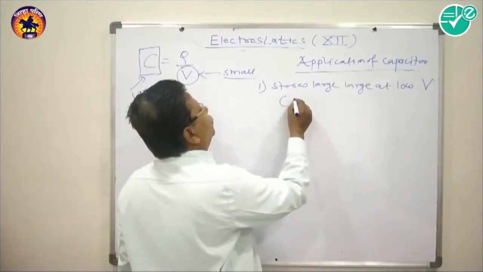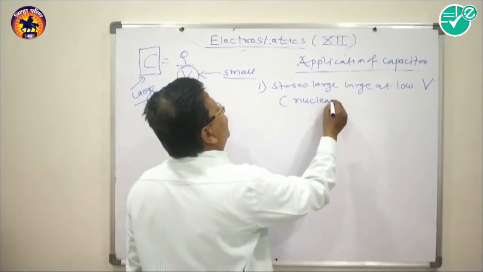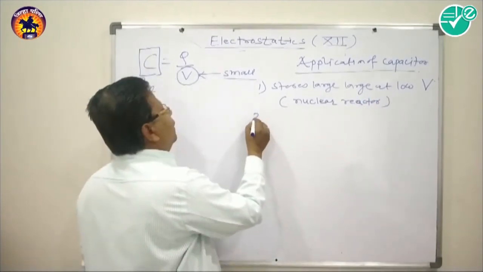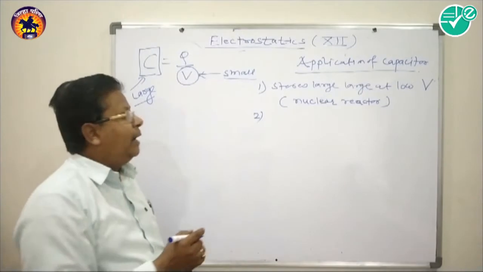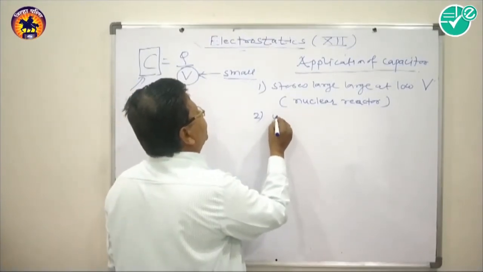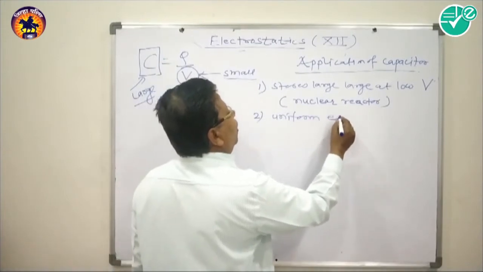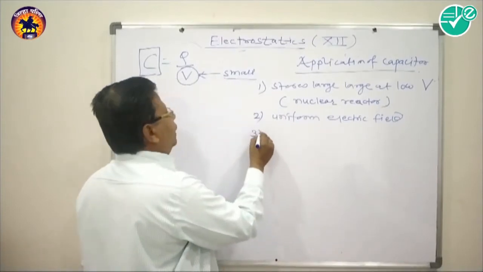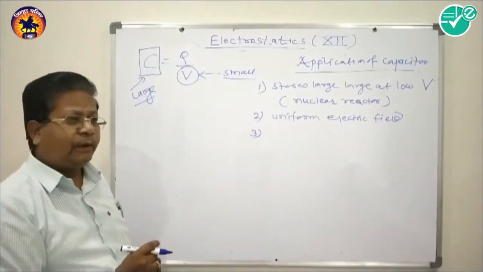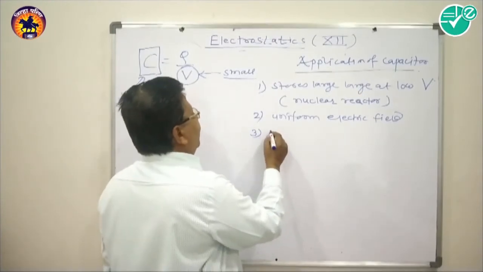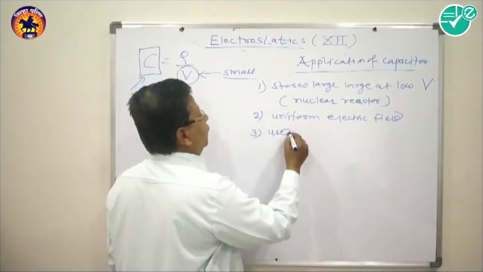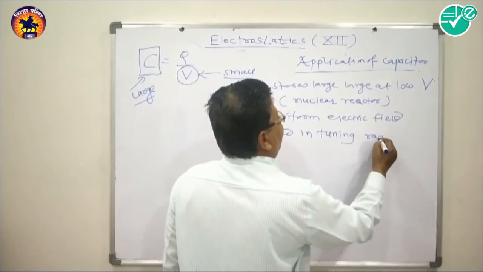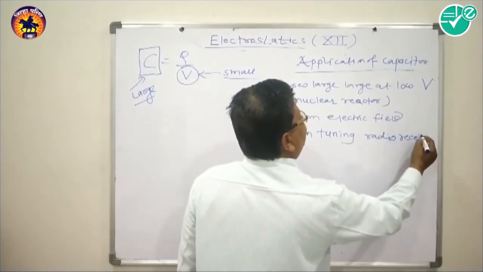and this is useful in nuclear reactors. Second, it produces a uniform electric field. Number three, it is used in tuning of a radio receiver.